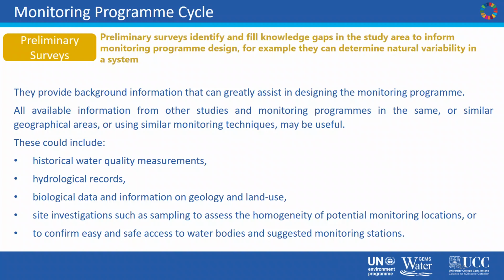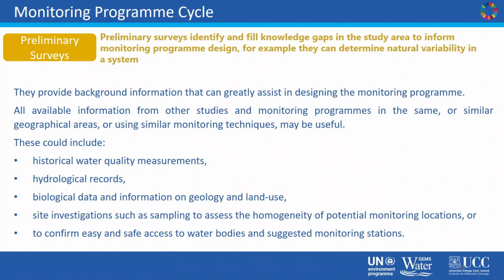Site investigations such as sampling might be needed before you can finalise your monitoring programme. These will help to see how homogeneous a particular site is, and how water quality varies across a site.